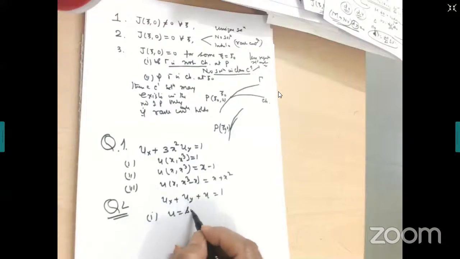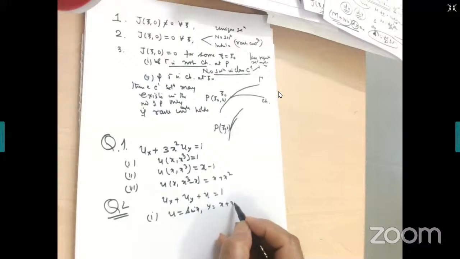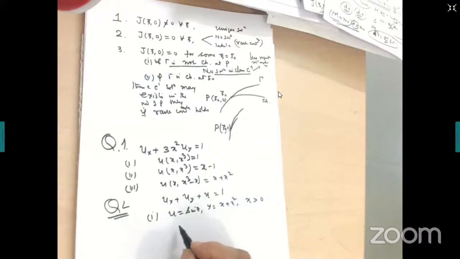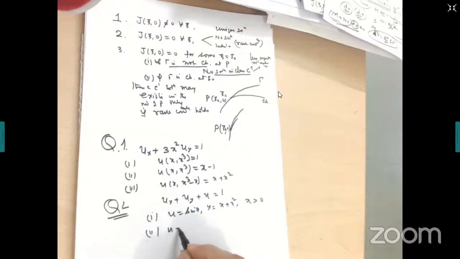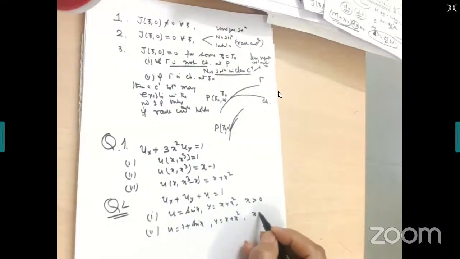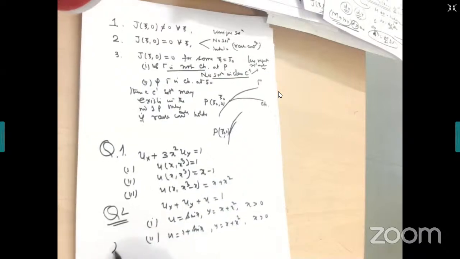U is equal to sine x, y is equal to x plus x square, and x is greater than 0. The second case, u is equal to 1 plus sine x. This is changed, right? And y is equal to x plus x square, and x is of course greater than 0. Please work out.